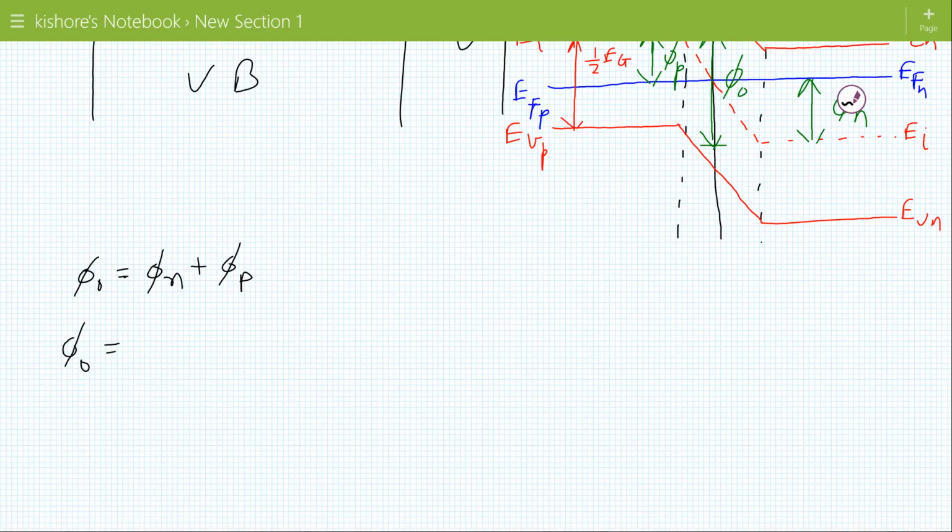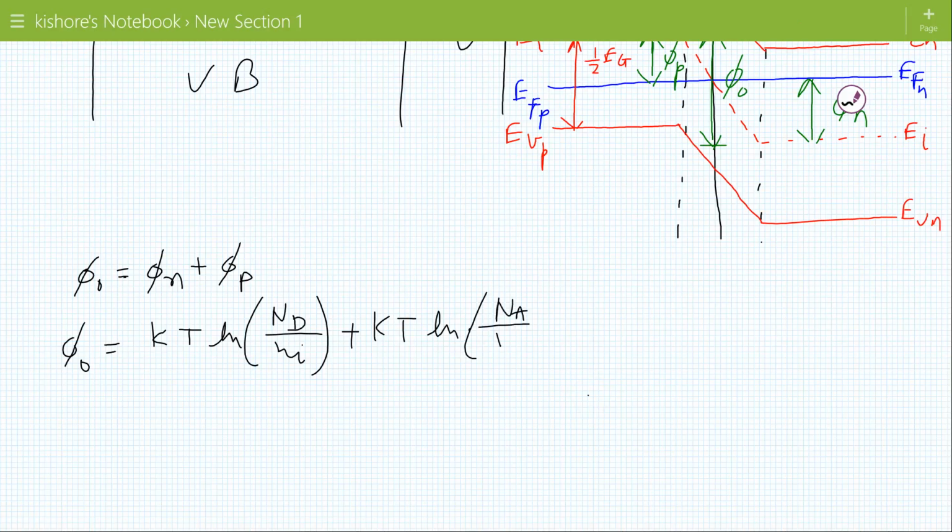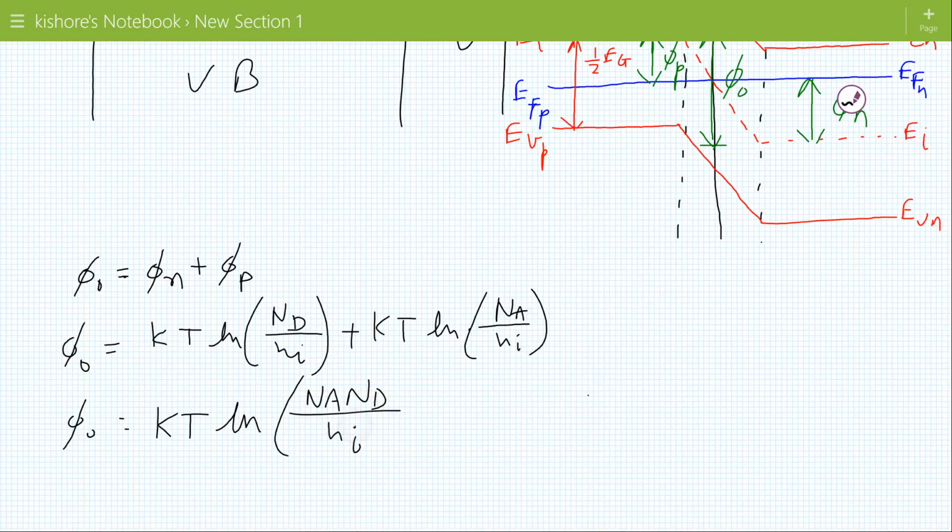Substituting the expression for phi n and phi p, this is kt ln Nd by ni plus kt ln Na by ni. So the expression for phi naught is kt ln Na Nd by Ni square.